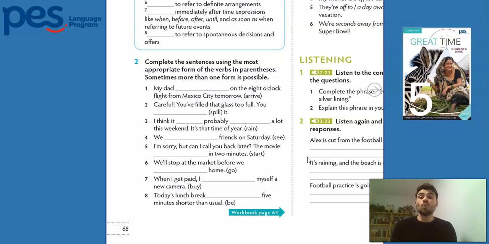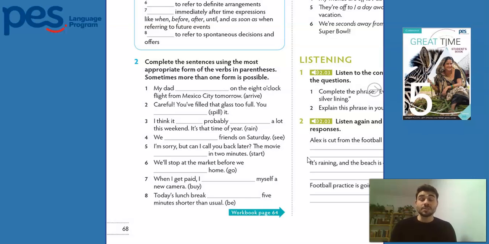Sometimes more than one form is possible, and this is a very important piece of information. Okay, guys? Why sometimes more than one form is possible? Because sometimes it depends on what is your reference to the future. And then you can use, for example, simple present or the present continuous, depending on the idea you want to give to each one of the sentences, all right?